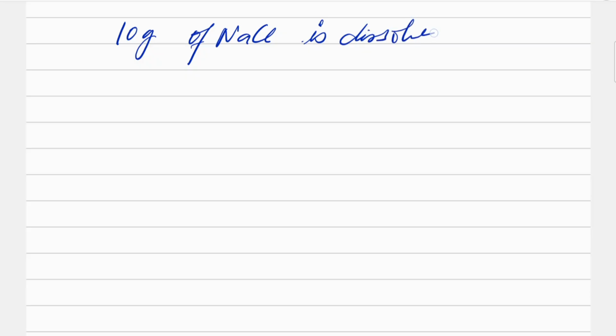Suppose you have been given a question like: 10 gram of sodium chloride is dissolved in 80 gram of water. Calculate the mass percentage. We have to remember which one is solute and which one is solvent.